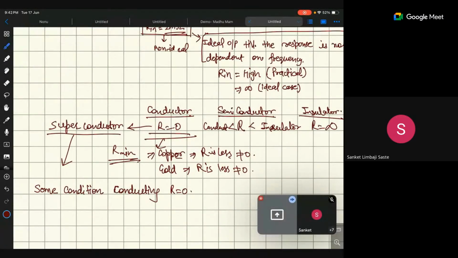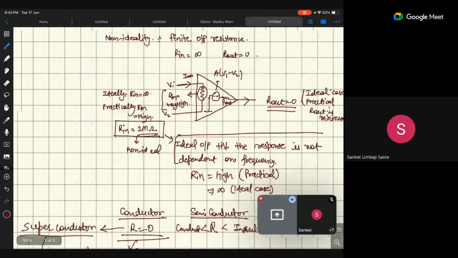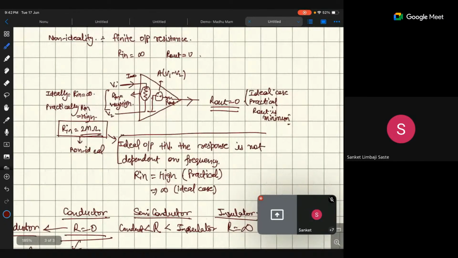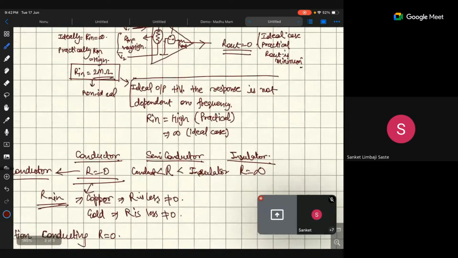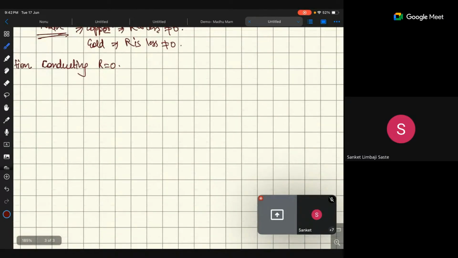They show a resistance value of 0 at some certain condition. This is the superconductor. But practically, that superconductor material also doesn't show zero resistance at all temperatures. Similarly, if I say R out is 0 ideally, even a wire has some resistance. So ideally R out is 0, but practically R out is minimum.